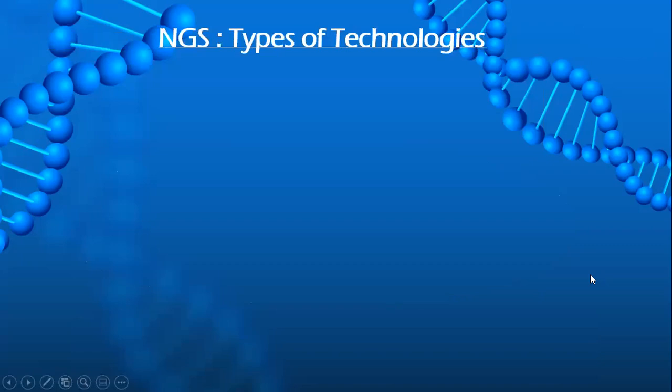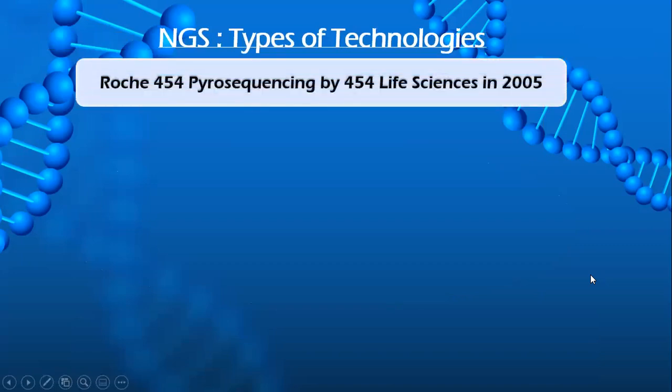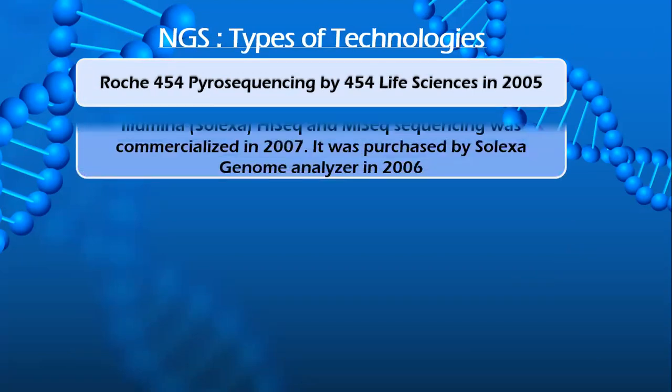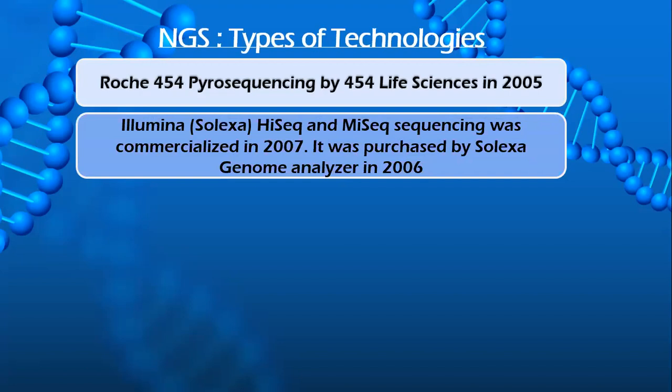So now coming to the different types of technologies in NGS. One is Roche 454 pyrosequencing by 454 Life Sciences, which was in the year 2005. Then Illumina or Solexa sequencing, that's mainly HiSeq and MiSeq sequencing. It was commercialized in the year 2007, and the Solexa Genome Analyzer was purchased in the year 2006.